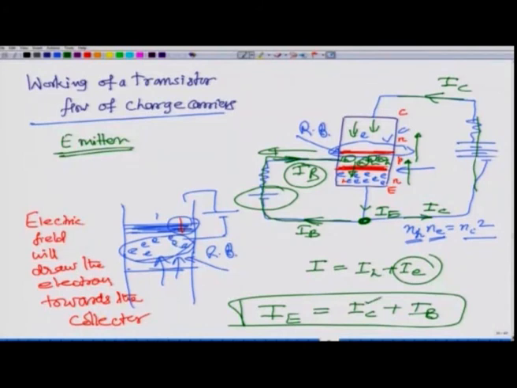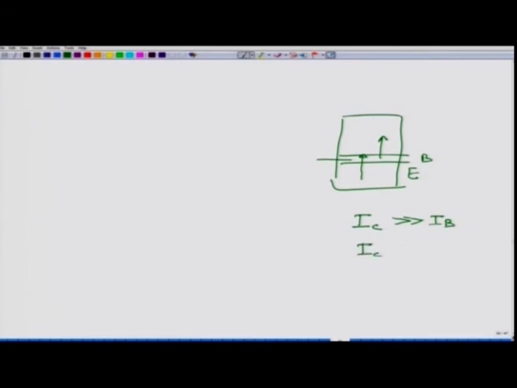Any guess about the relation between IC and IB, which is larger, which is smaller? Once again, since a lot of electrons are being injected from the emitter to the base, and most of them are getting drawn here, only a small amount of electrons contribute to this base circuit. Therefore, IC is going to be very large as compared to IB, or you can say IC is close to, smaller than of course, but close to IE.